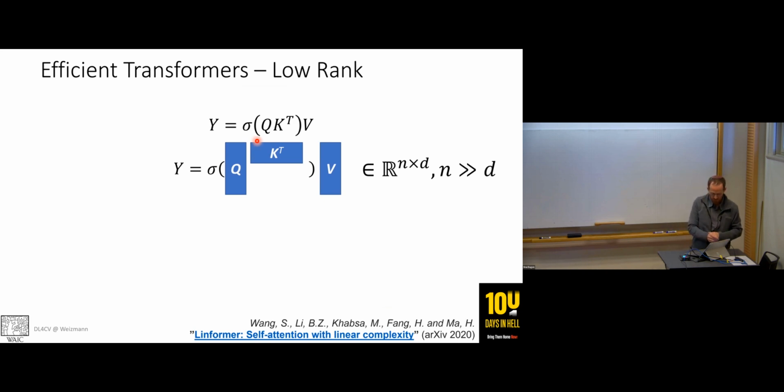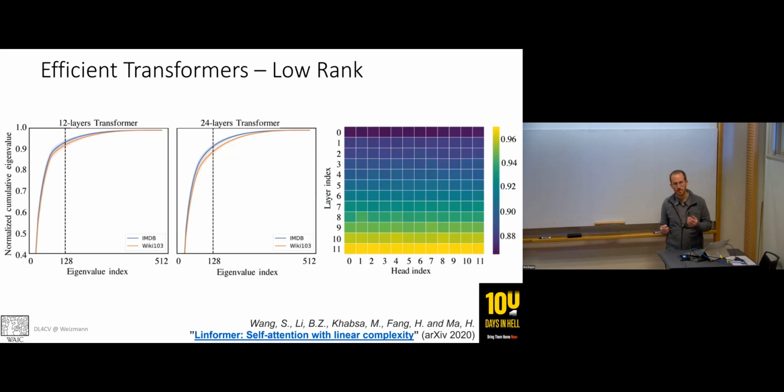If we ignore the softmax for a second, instead of multiplying Q by K and getting a huge n squared matrix, we can start by multiplying K with V and get this very small K transpose V matrix. Then at no point do we have this large n by n attention. But we do have the softmax in the middle that prevents us from this very efficient computation.